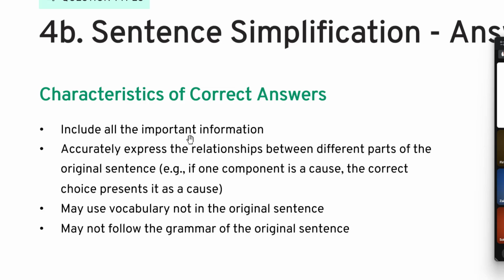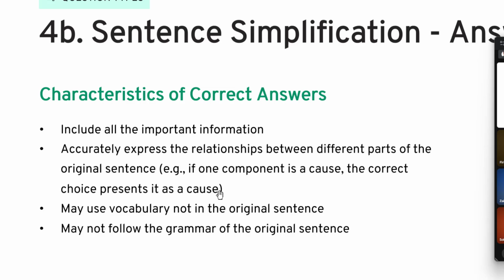It's not correct. So all the answer choices that are correct in sentence simplification will include all the important information. Secondly, the correct choice for a sentence simplification question accurately expresses the relationships between the different parts of the original sentence. For example, if one component is a cause, the correct choice presents it as a cause. It doesn't change the function of that one.